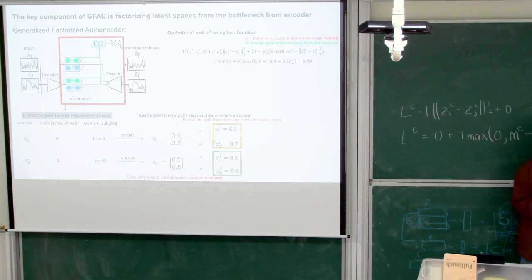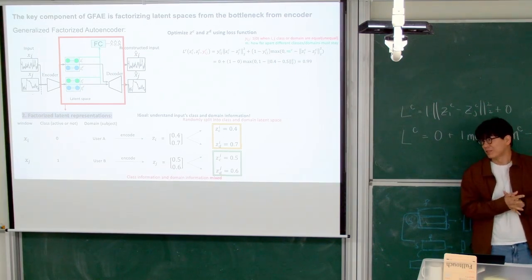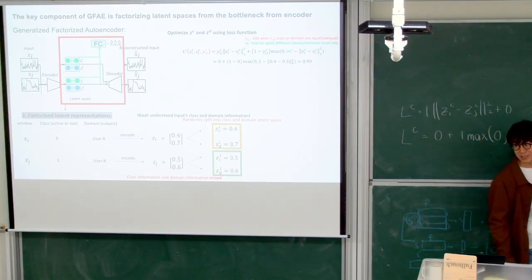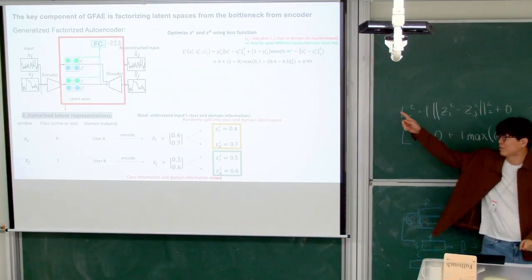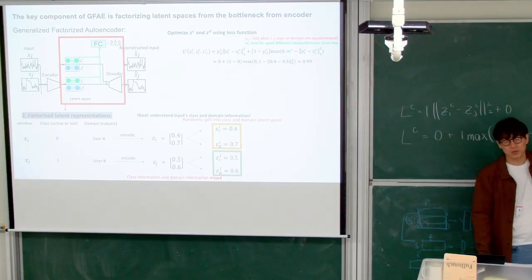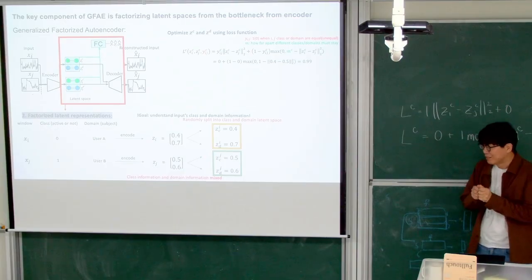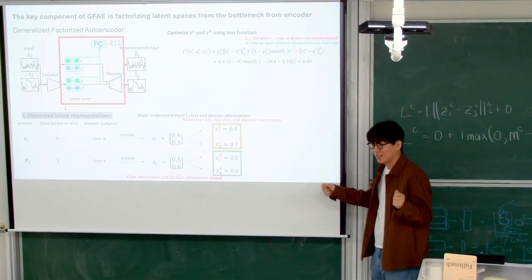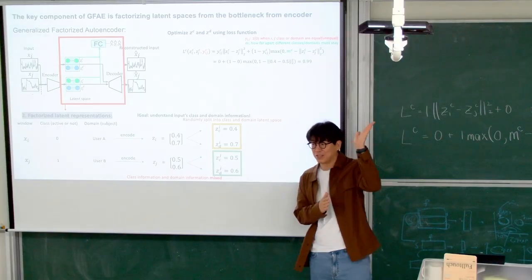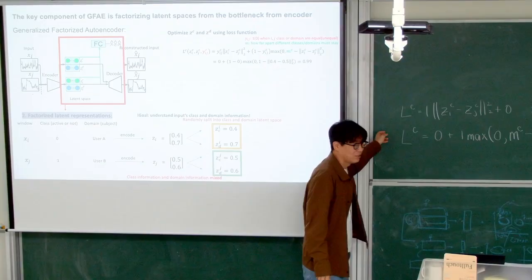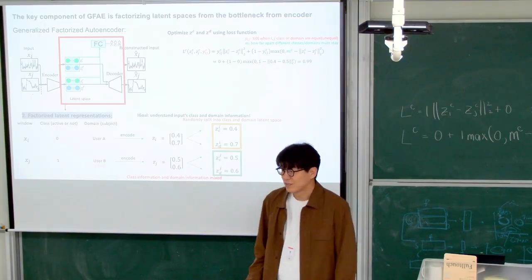So for just the cross entropy loss, there's no difference between this and this. But due to the third loss, we try to make the axis that separates the class and subject. That's the key idea of this.